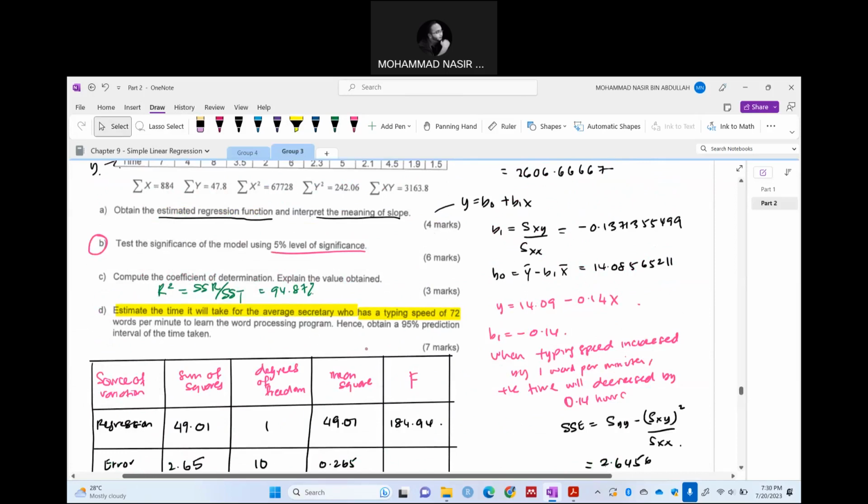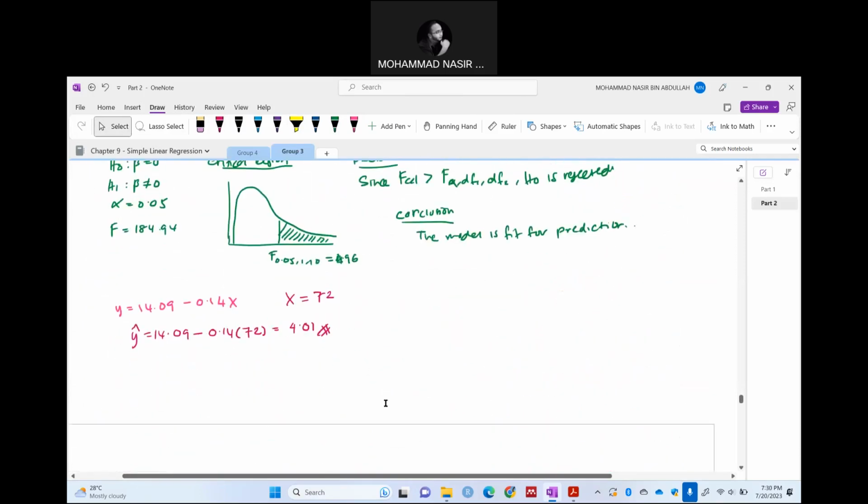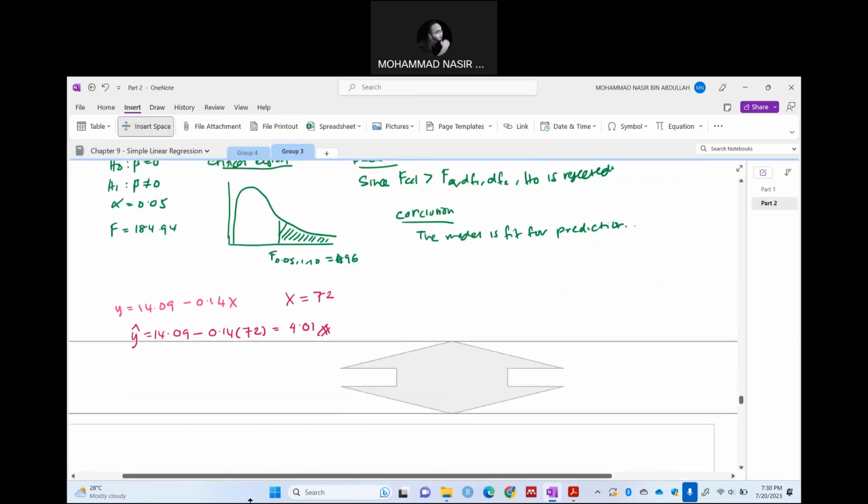Right. So based on this value from this question, obtain 95% prediction interval of the time taken. So just now, based on example number 17, we wanted to find a confidence interval for mean change. In this question, we want to find 95% prediction interval of time taken. So it's the same formula, but we need to add 1 plus.